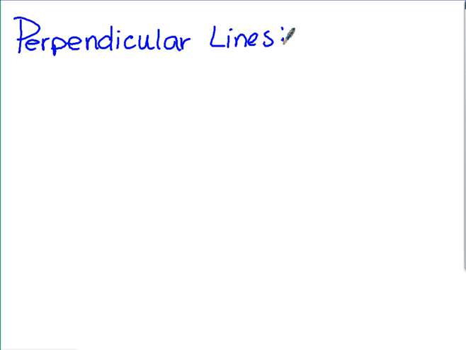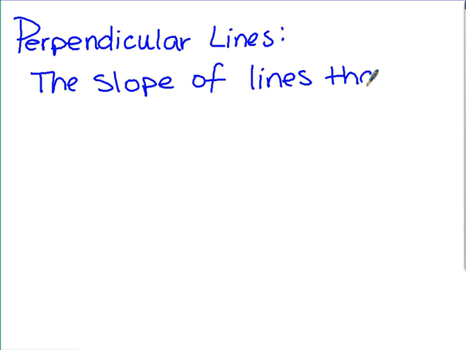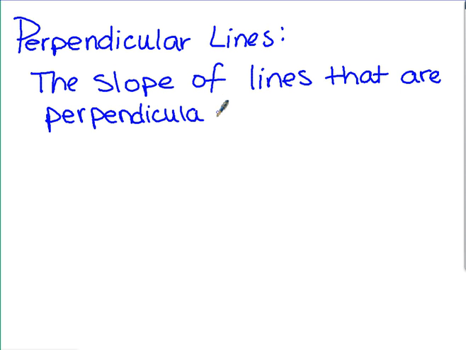In perpendicular lines, the slopes of lines that are perpendicular are negative reciprocals of each other.